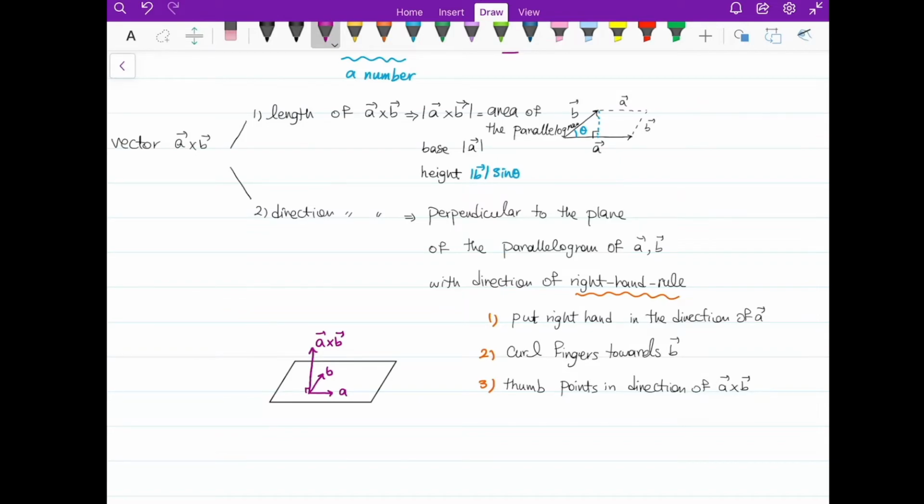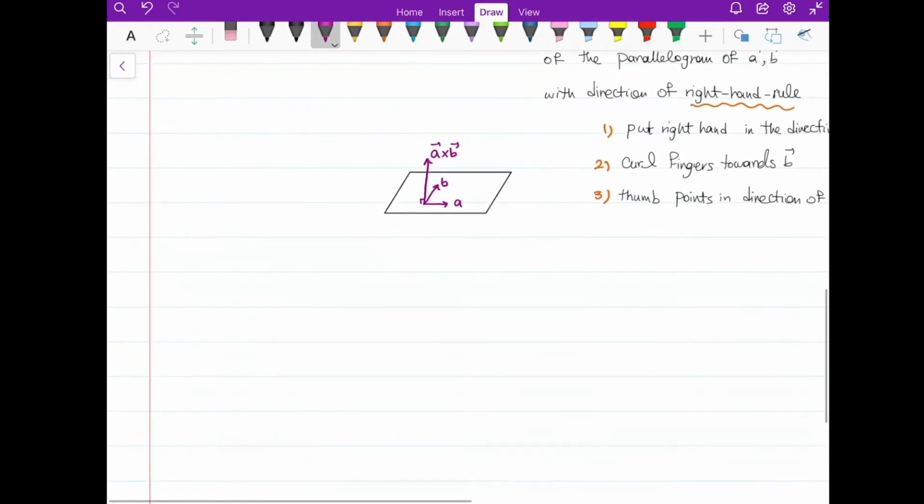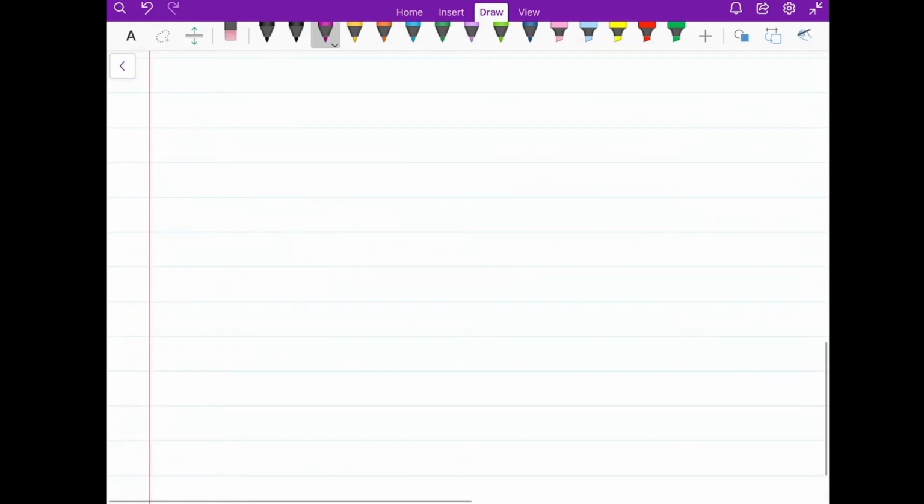Okay, let's go over some properties of A cross B. The first property is that we have A cross B only in three-dimensional spaces.